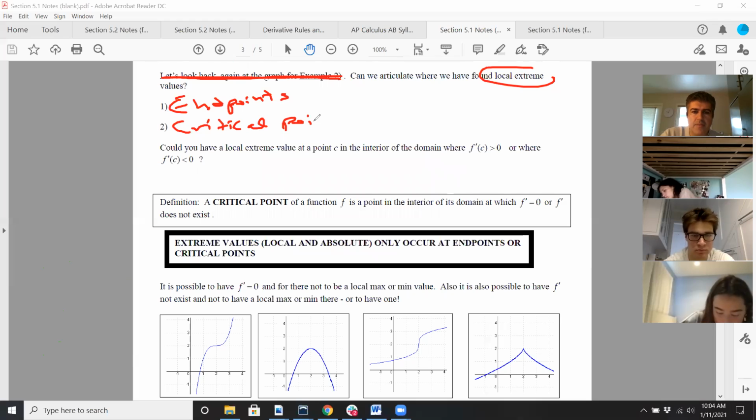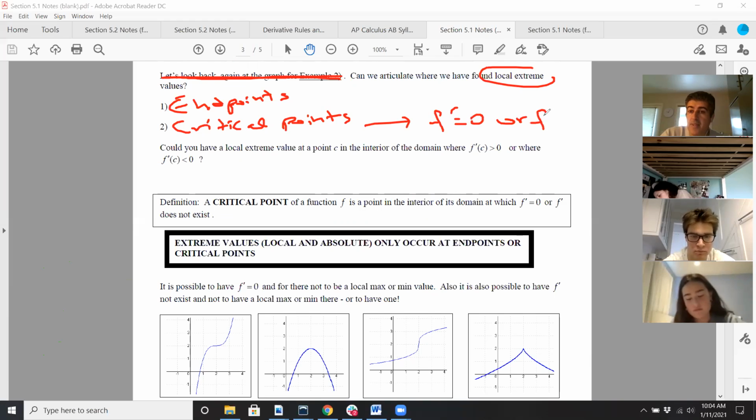Critical points are when your derivative equals 0 or your derivative does not exist. And we're going to have that discussion down below. But we call those critical points.